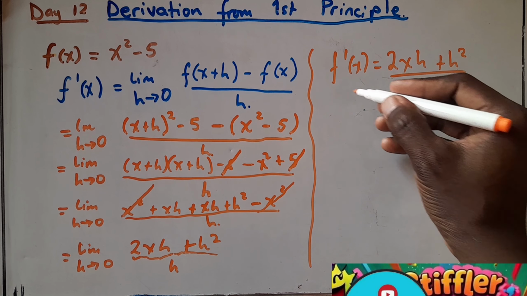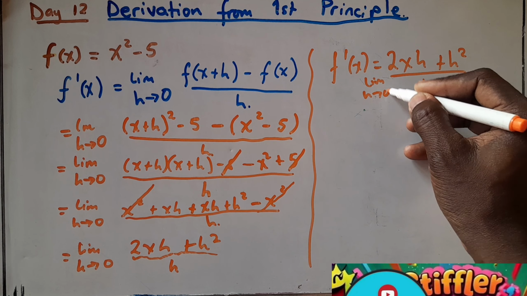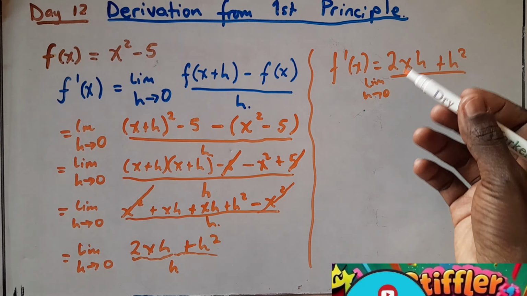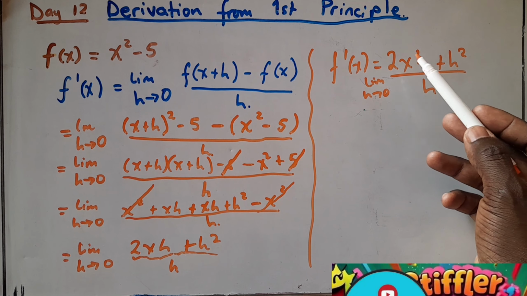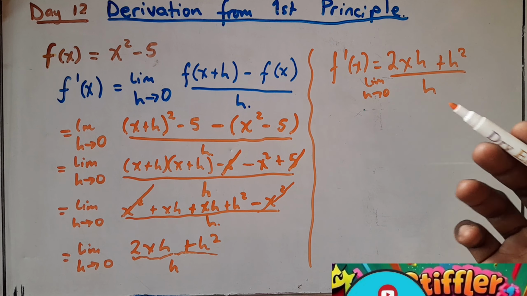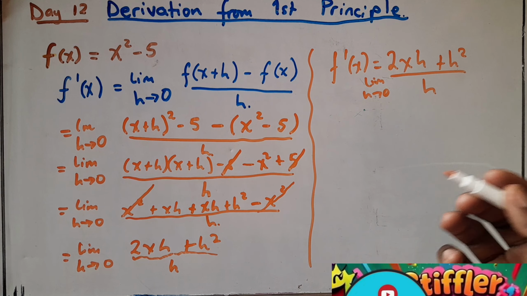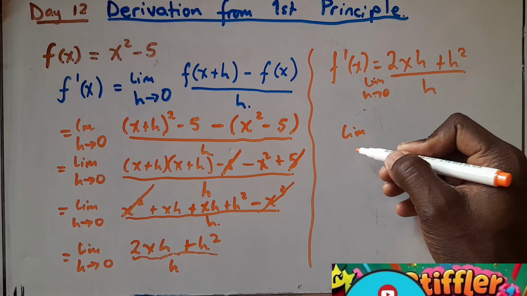And don't forget that this is the limit when h tends to 0. So what are we having now? We can see that on this term we're having h, on this term we're having h, and on this term we're also having h. So we can quickly factor out h. This is still the limit when h tends to 0.